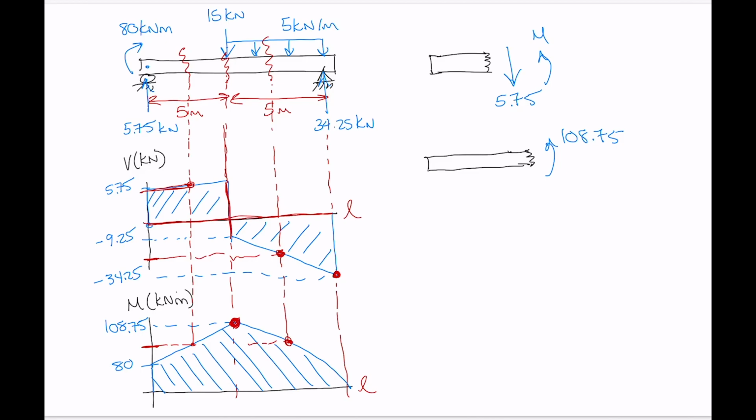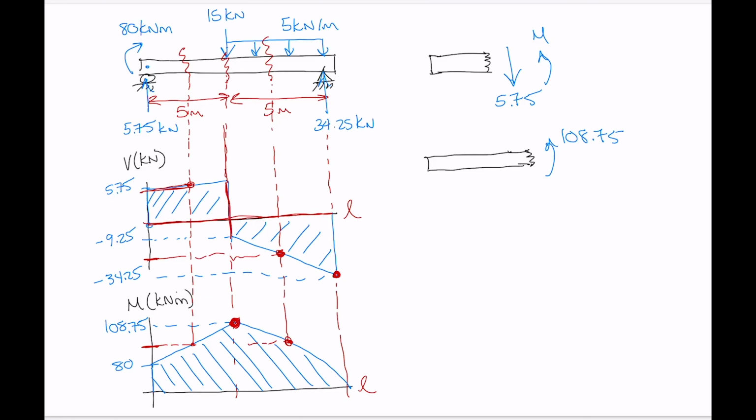So now let's talk a little bit about sign convention. As you can see from the shear diagram in particular, we've got values of shear that are both positive and negative. So what's a positive internal shear and what's a negative internal shear? And that can happen for the moment diagram.